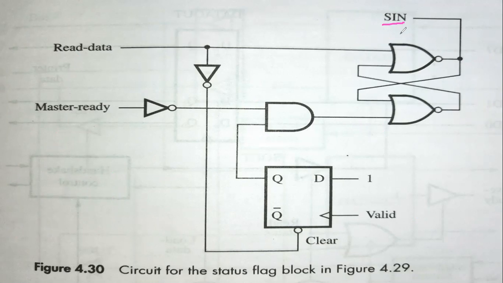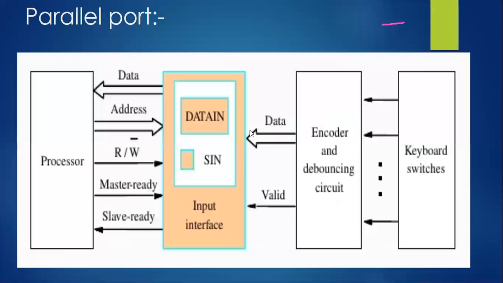Regarding this, in your standard textbook you have a complete discussion. Please go through that, because I'm not including any theory points regarding these four diagrams, the previous four diagrams, one, two, and three. In your textbook there is a complete explanation regarding these three figures. Please go through that.